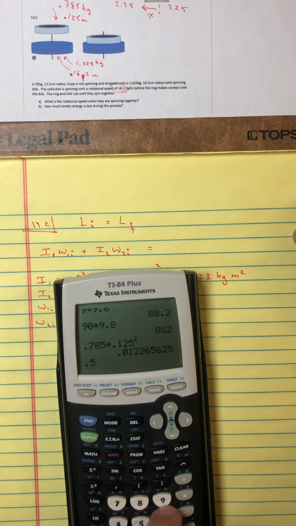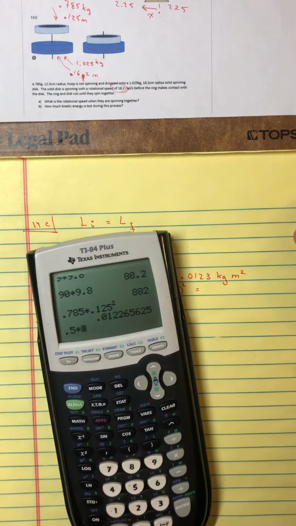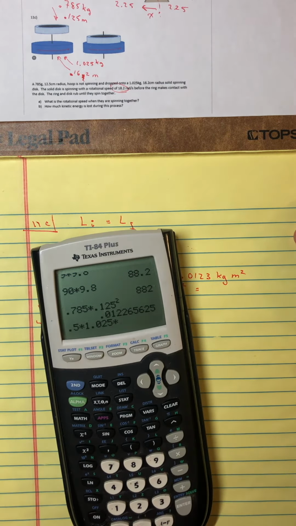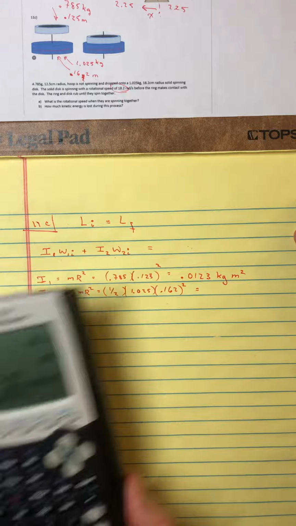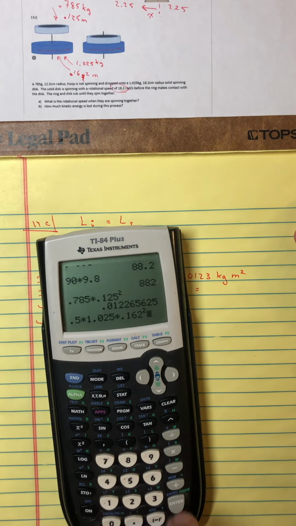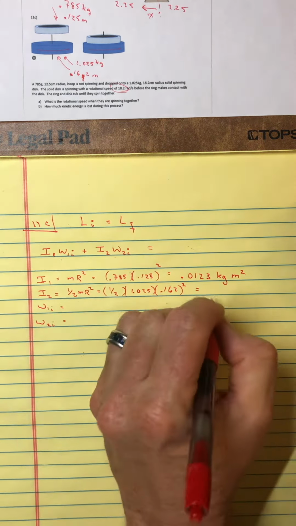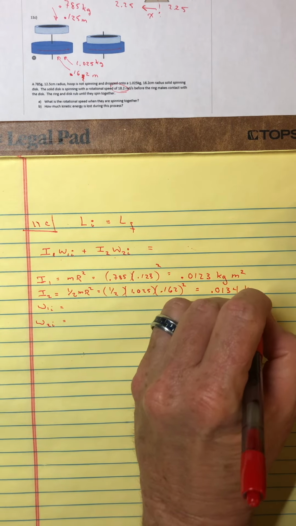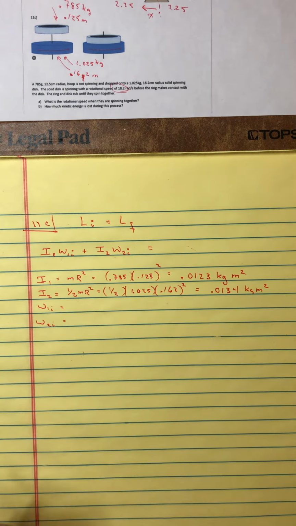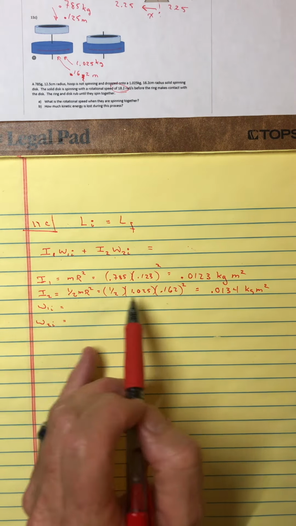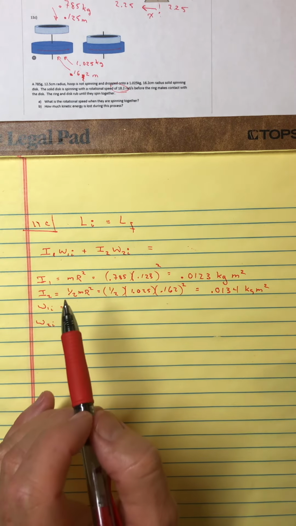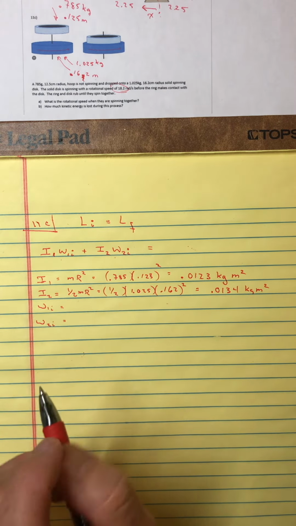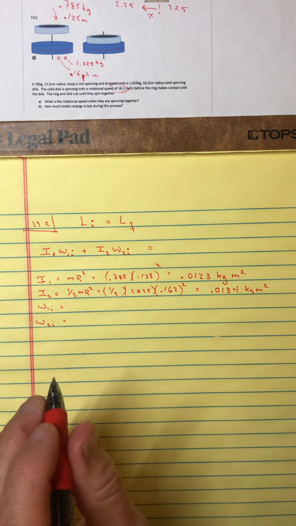So this is 0.5 times 1.025 times 0.162 squared. And so we're looking at 0.0134, and again, kilogram meters squared. So almost the same. It looks like the disk is a little bit more. And you can see that the disk has more mass and the disk has a bigger radius, but it also has that factor of 1/2 that the hoop doesn't have.